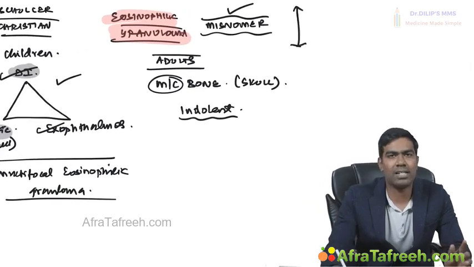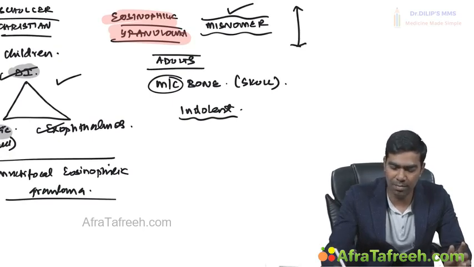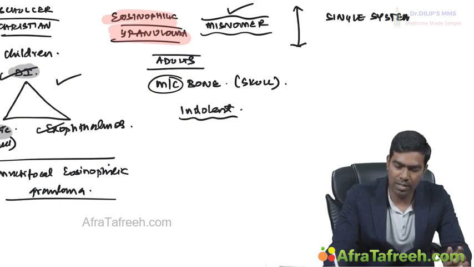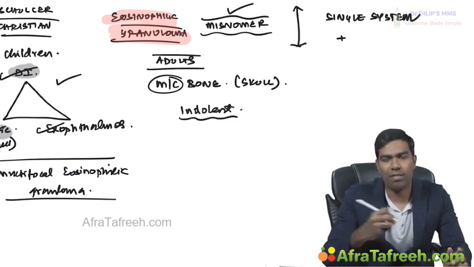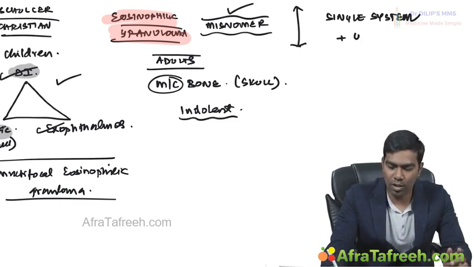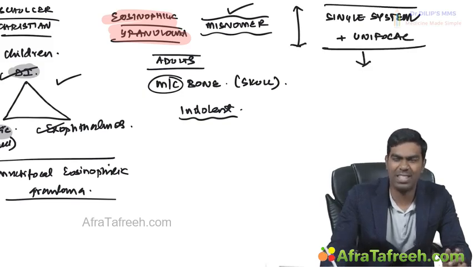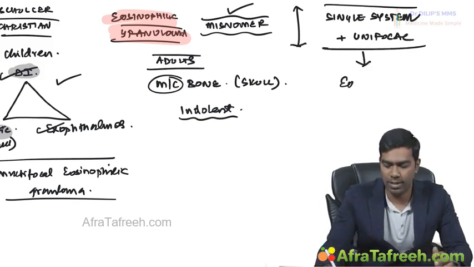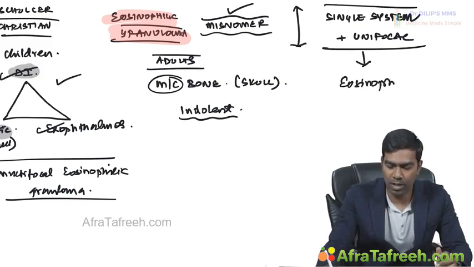As per the current understanding, if you have a single system disease with a unifocal involvement, a single focus, this can also be called an eosinophilic granuloma.